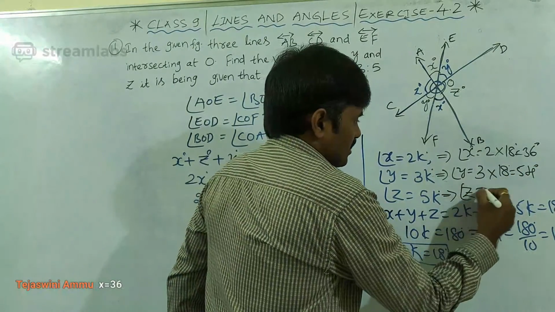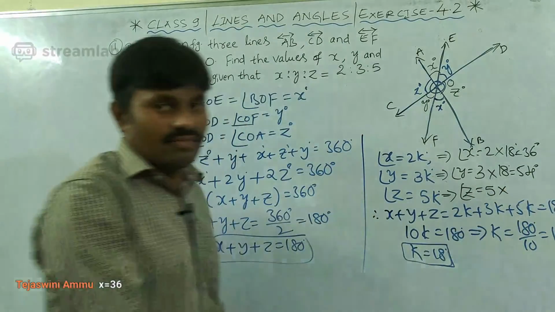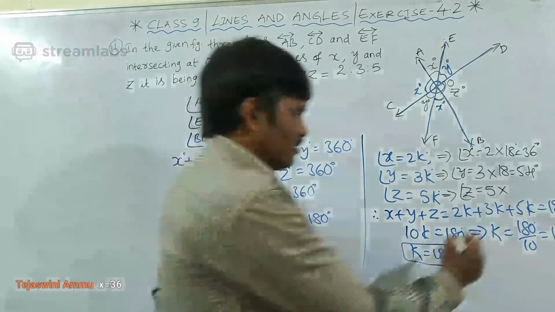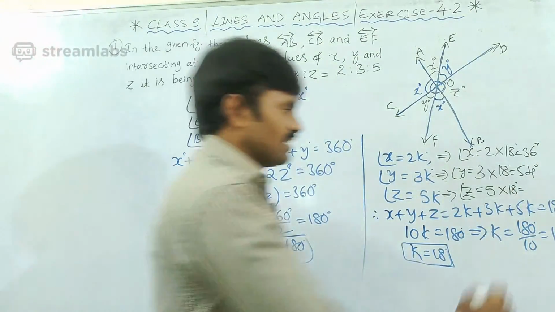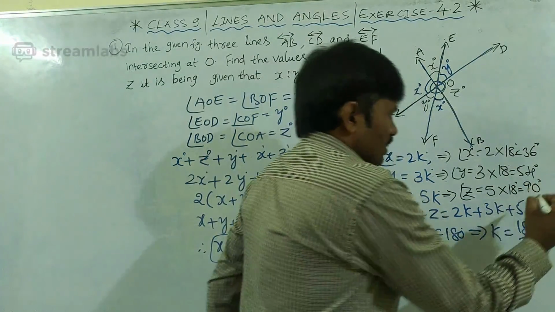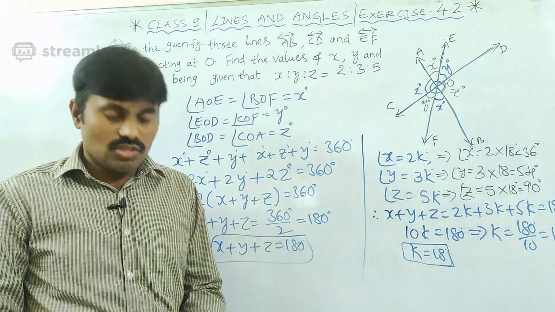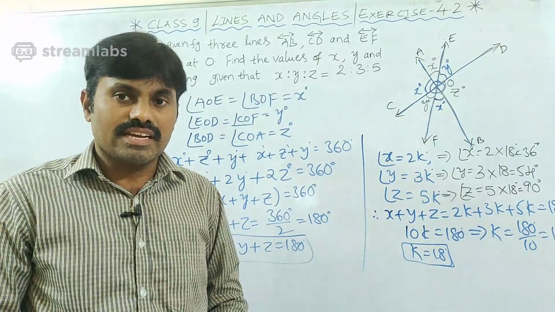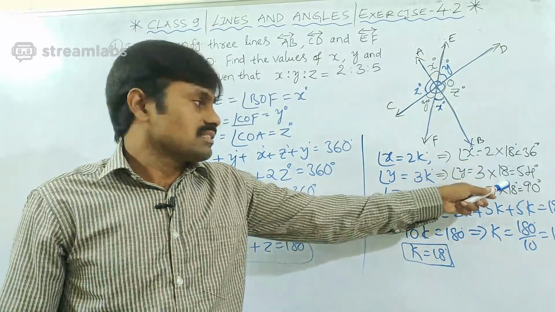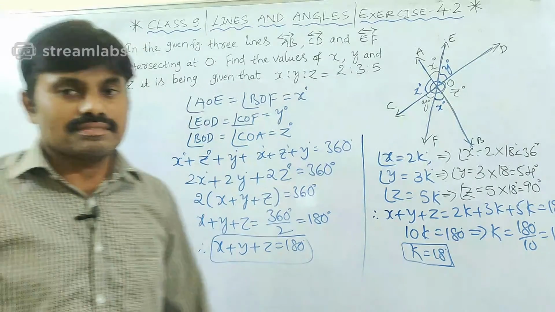Now angle z is equal to 5 into k, where k is 18. 5 times 18 is 90 degrees. So these are the values of x, y and z: 36 degrees, 54 degrees and 90 degrees.